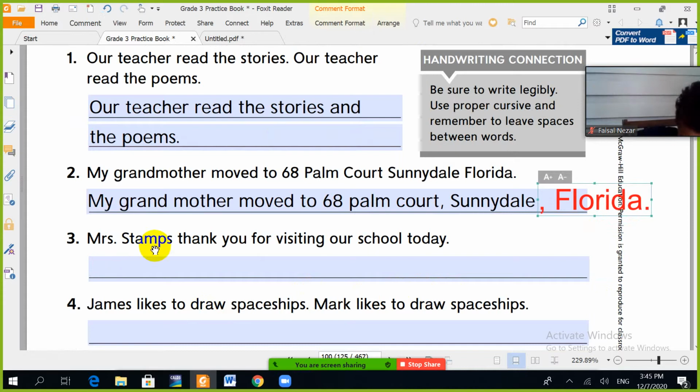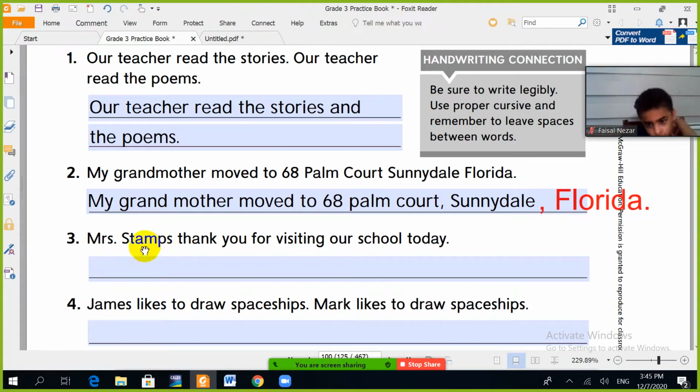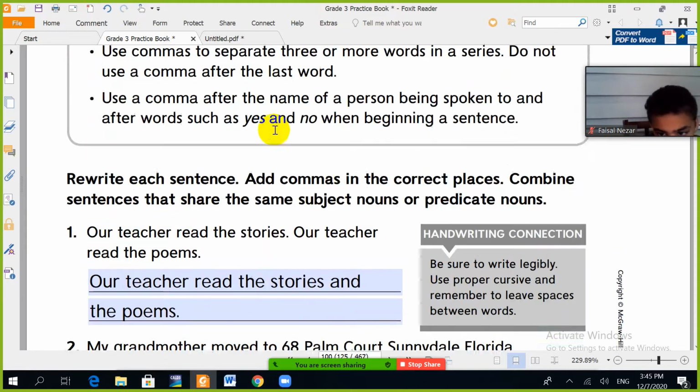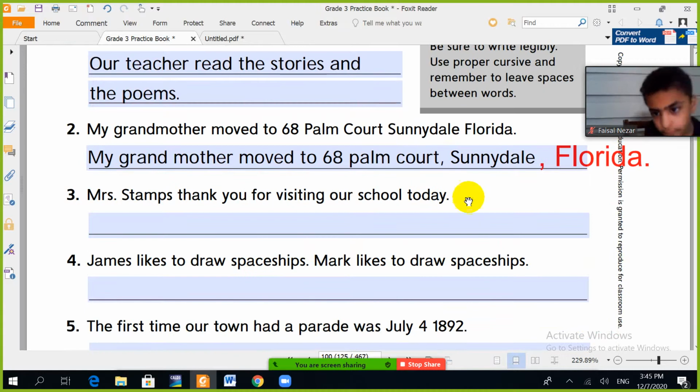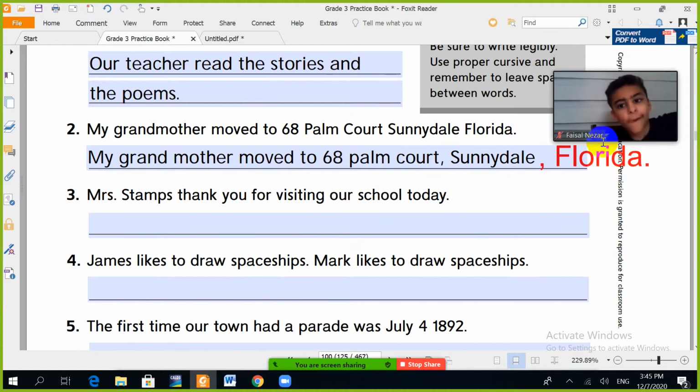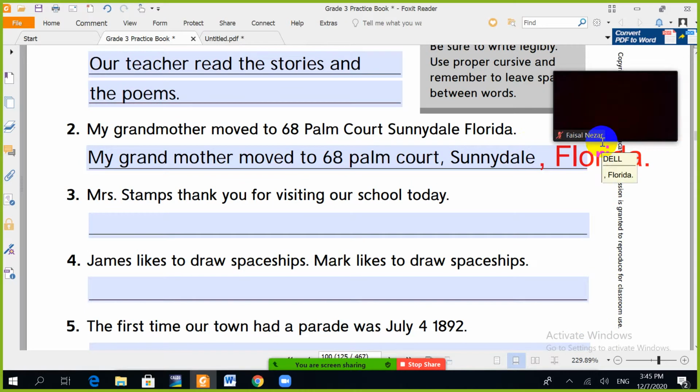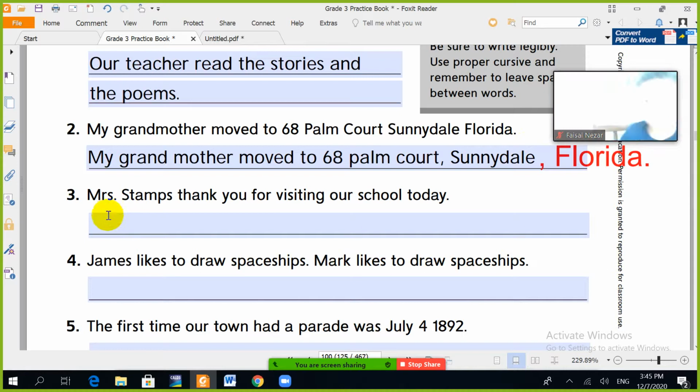After that: Mrs. Stamps, thank you for visiting our school today. Look here: we use a comma after the name of a person being spoken to. If I say, for example, Faisal, I say Faisal, comma.